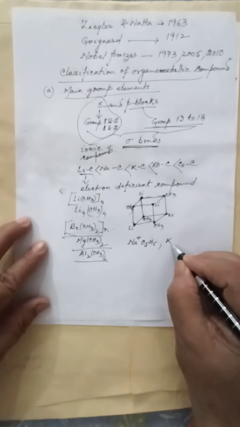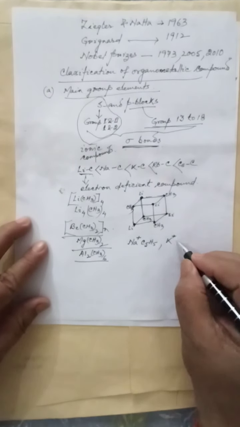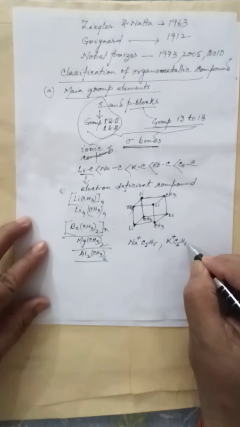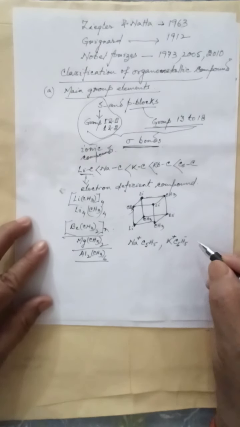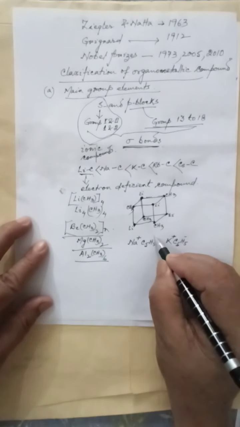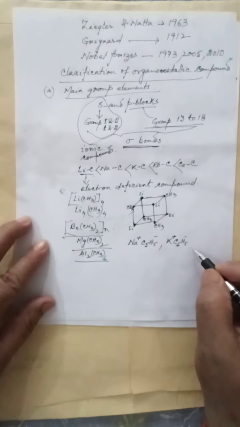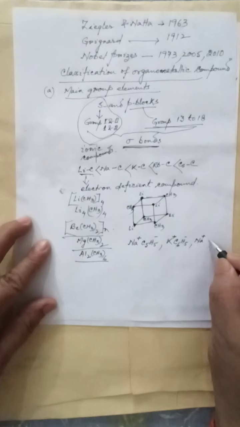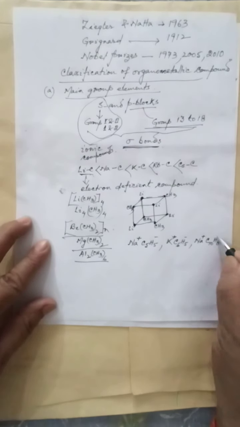Then potassium also has C6H5, that is the phenyl one. This is cyclopentadienyl, which I had already discussed in earlier videos. Then naphthyl sodium, this is Na+ C10H8.